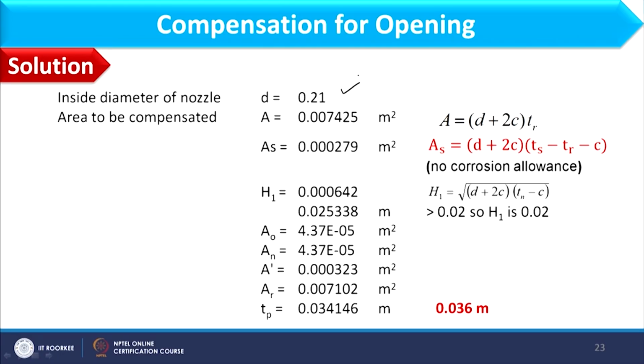Area to be compensated will be calculated by D plus 2C into TR. So using the values of different parameters I can calculate A, which is coming out as 0.007425.